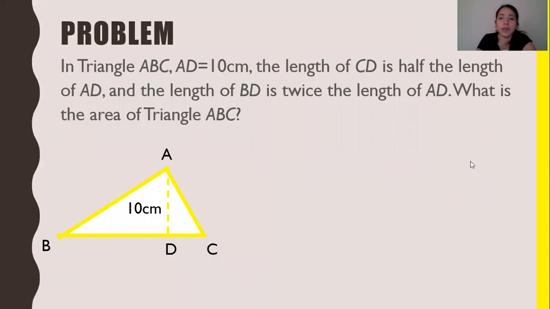Let's look at our word problem for today. In triangle ABC, notice this is triangle ABC. AD is 10 centimeters. From A to D, it's 10 centimeters. The length of CD is half the length of AD. Do you know what half of that is? If you do, go ahead and type that into the chat box.